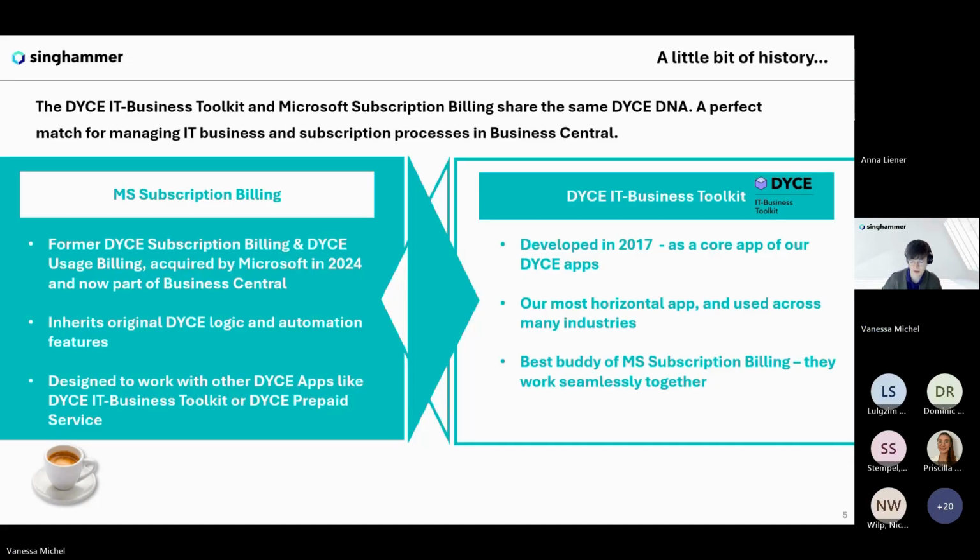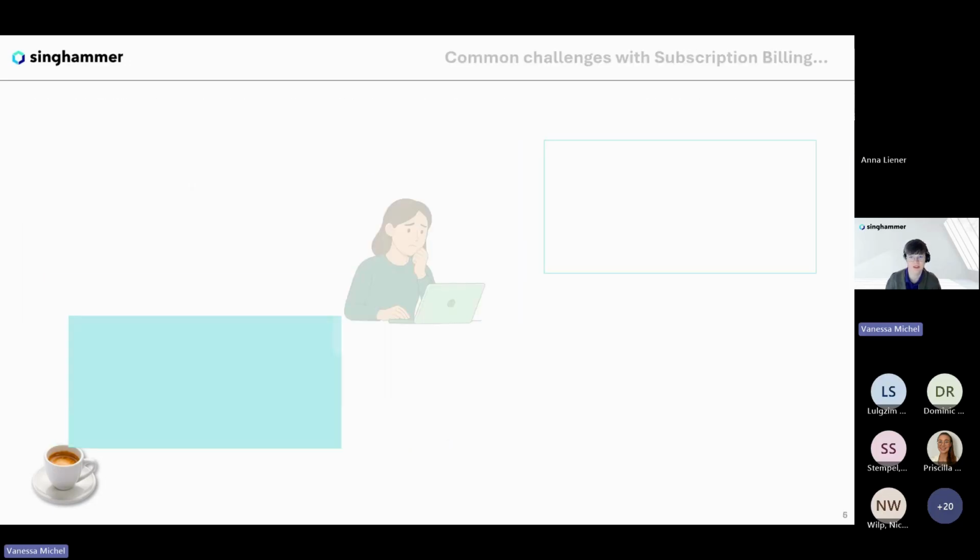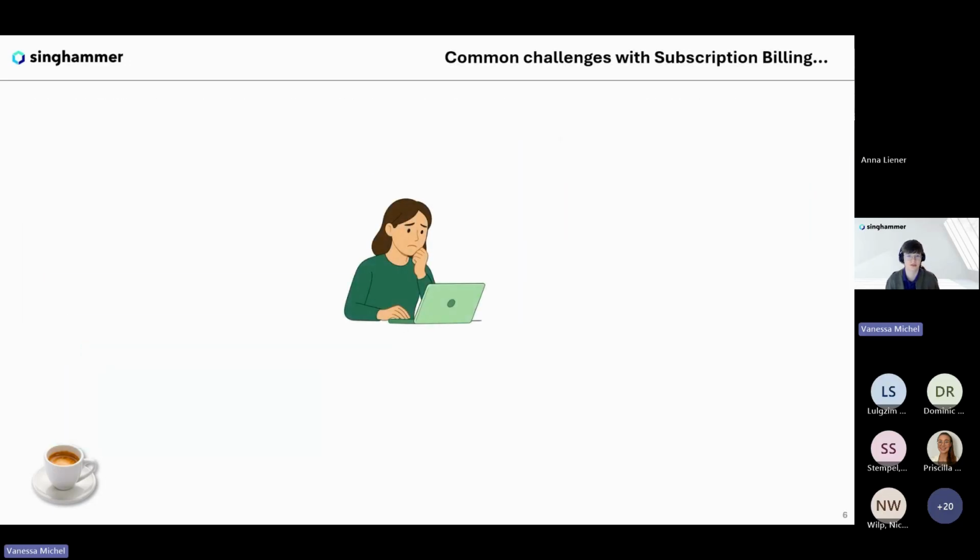When we look at subscription billing and Microsoft Standard, there are a couple of typical challenges, not even that much related to Microsoft Business Central and the standard, but in general, no matter which tool you use. First, typically you need to work with a lot of data.